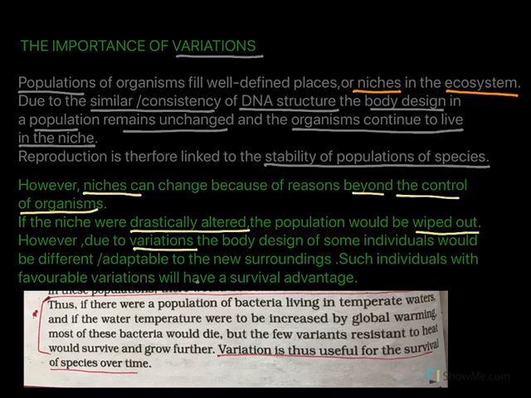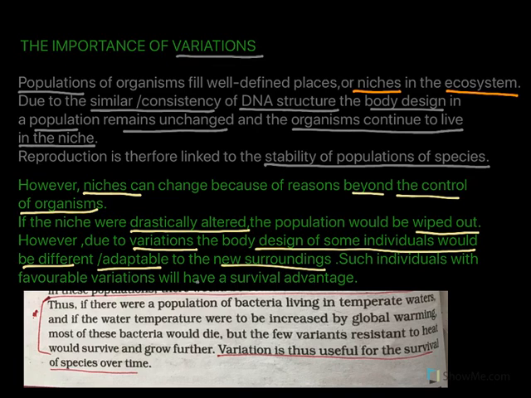However, due to variation, the body designs of some individuals would be different and adaptable to the new surroundings. Some individuals would have different body designs because of variation, and because of this, they may find it easy to adapt to the new surroundings.